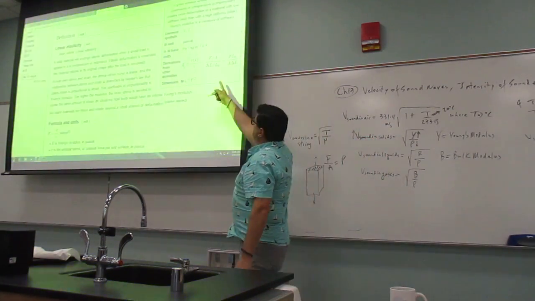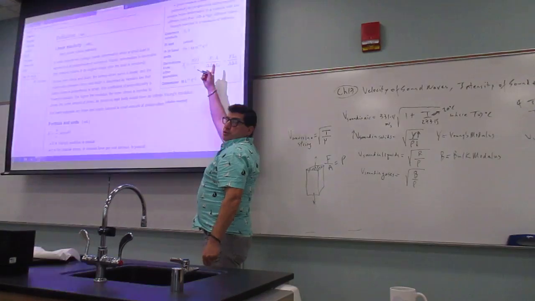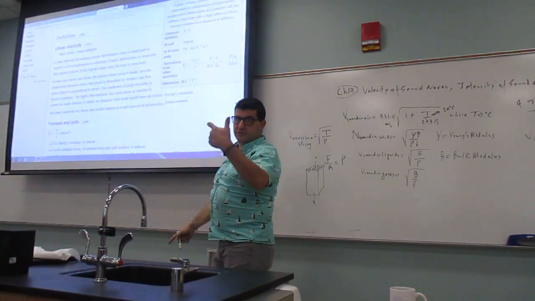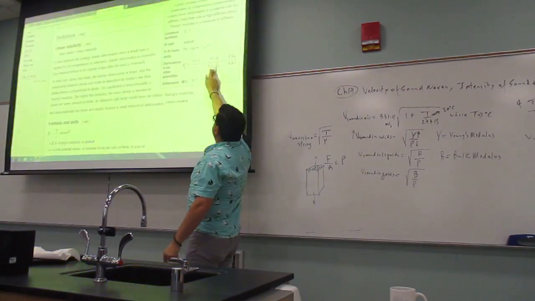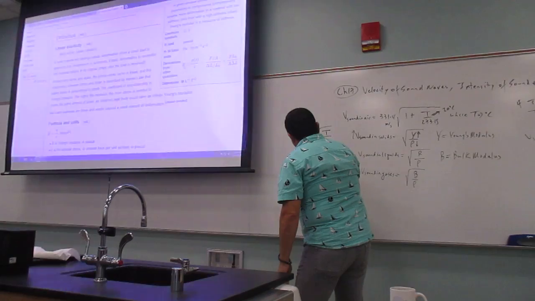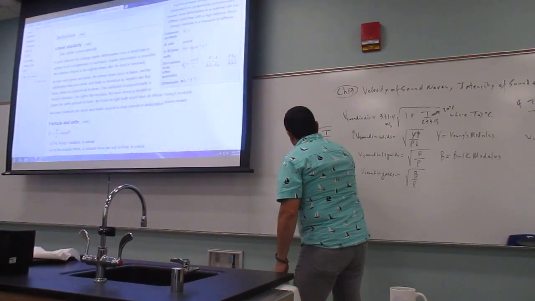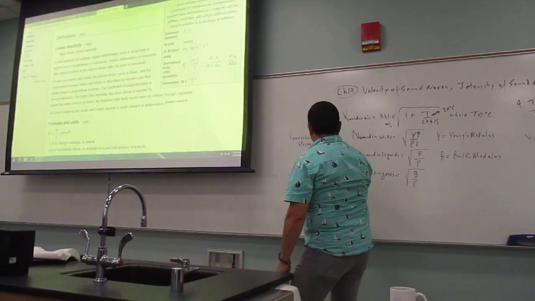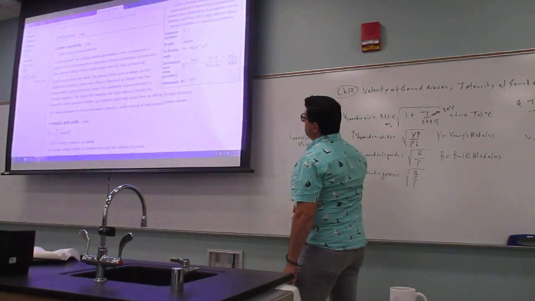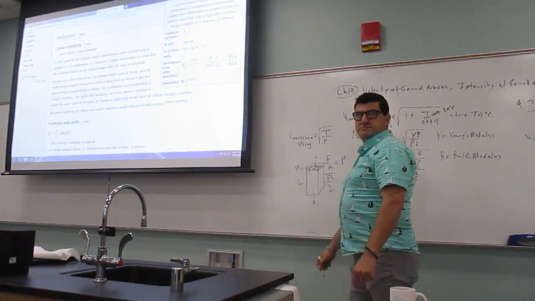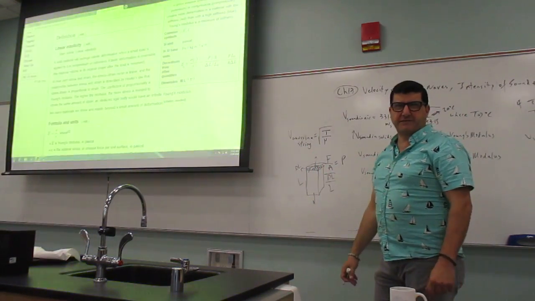Then you divide it by the relative change in length, the resulting length of the object. So if it stretches by a certain amount, delta L, you're dividing this by delta L over the initial length, which is L. Right? Makes sense, the definition?